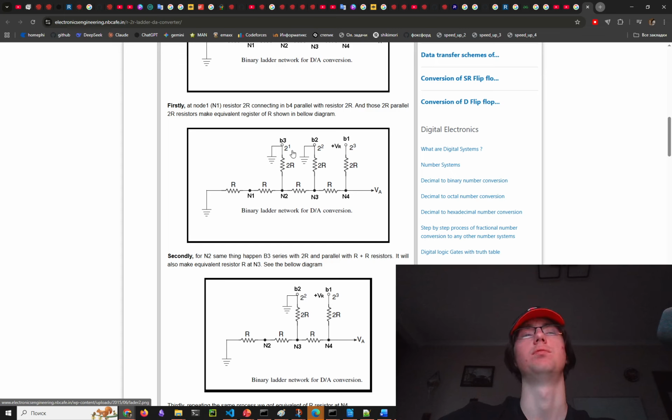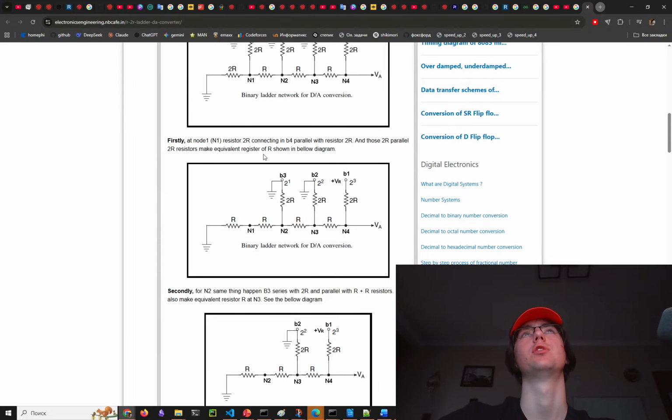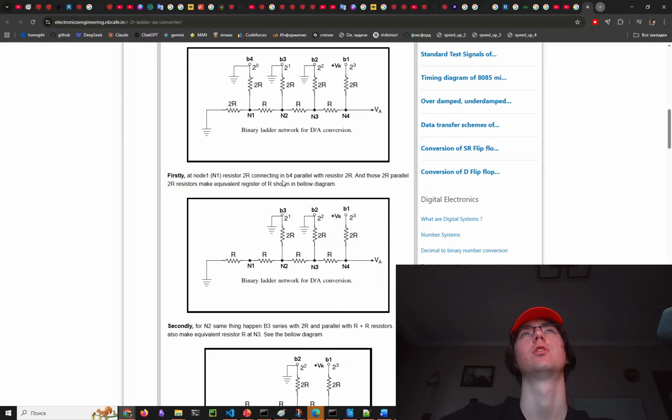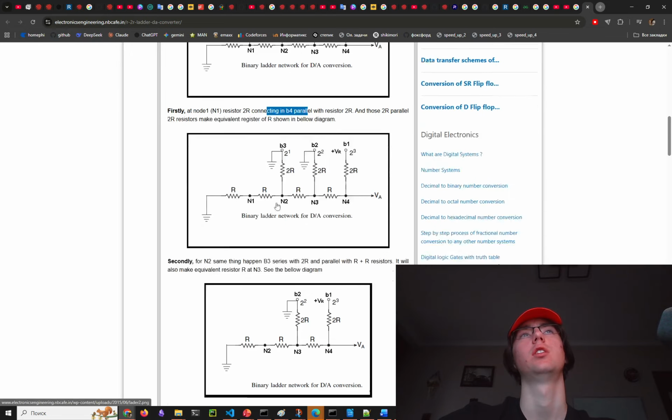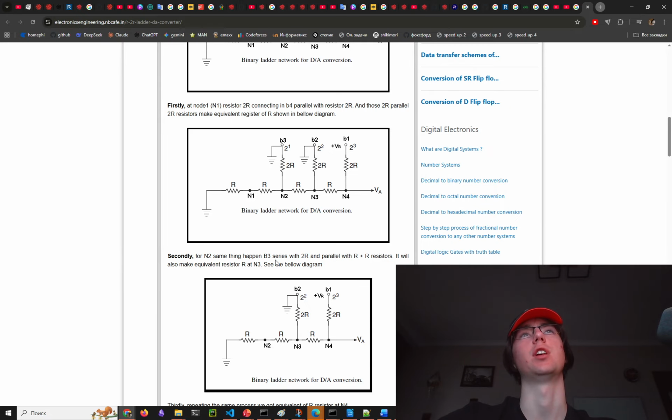One moment. First, at node 1, resistor 2R is connected in parallel. Secondly, for N2, the same thing happens for B3: in series with 2R and in parallel with R plus R resistors.